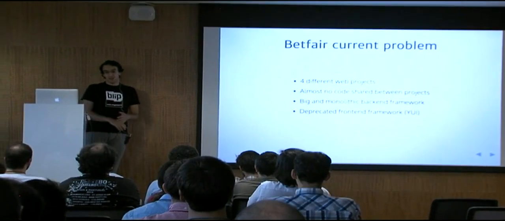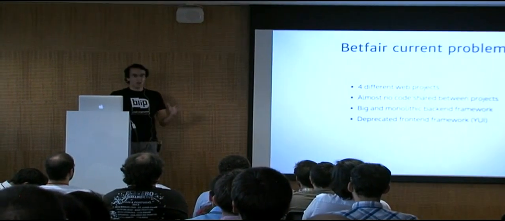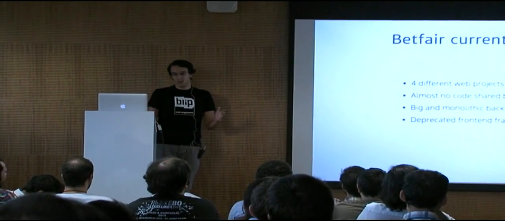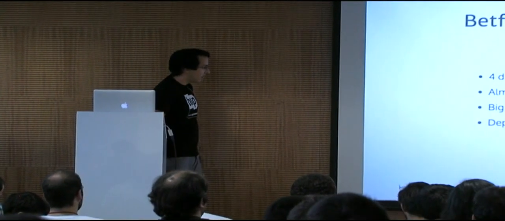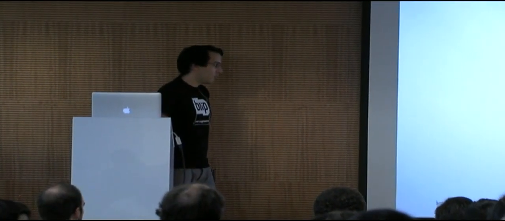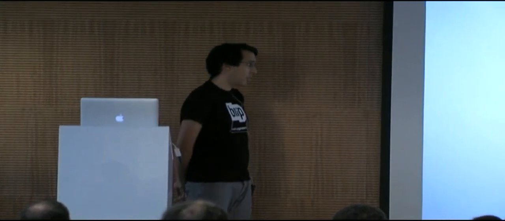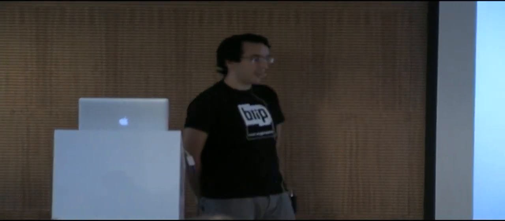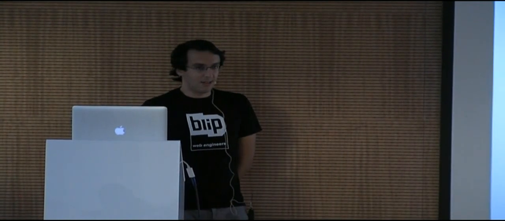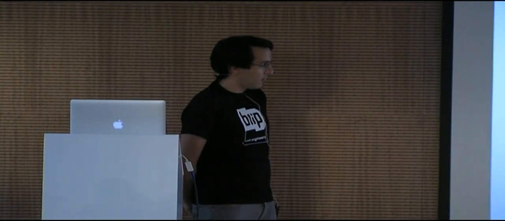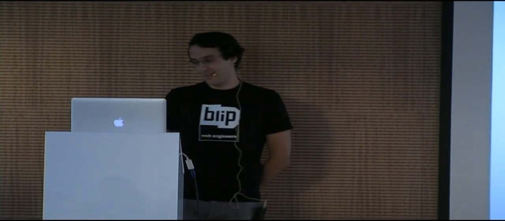We have and had a big, monolithic backend framework implemented in Java, and for the front-end on our old apps we use a deprecated front-end framework, YUI, that not even Yahoo, who created the framework, likes.